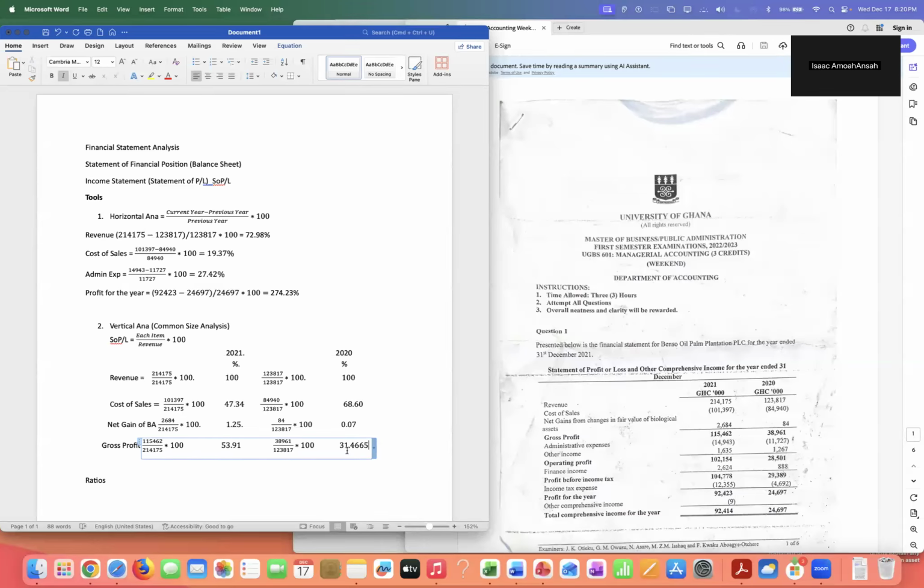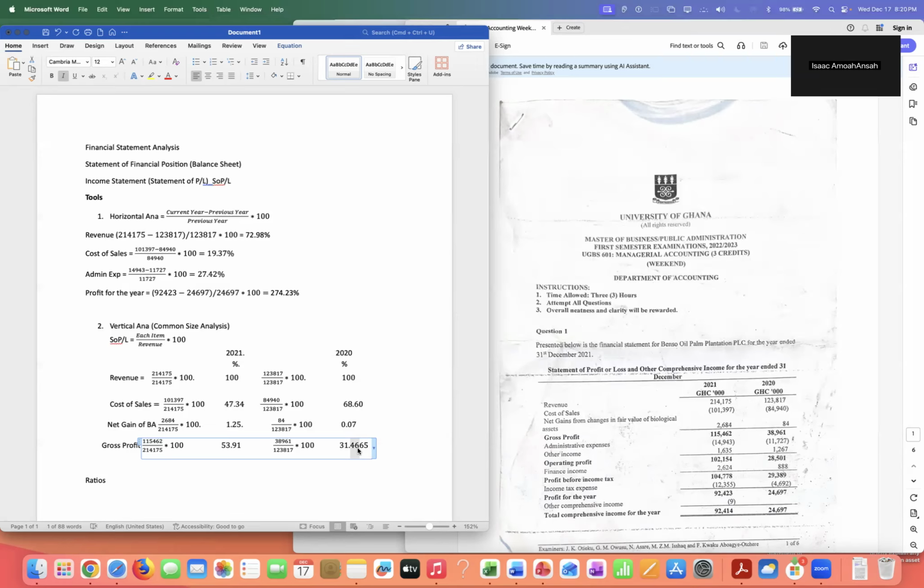So if you get an answer of this sort and you are keeping your answers in 2 decimal places, the figures that should follow the decimal point should be 2. If the third figure is higher than 4, you would round it up.